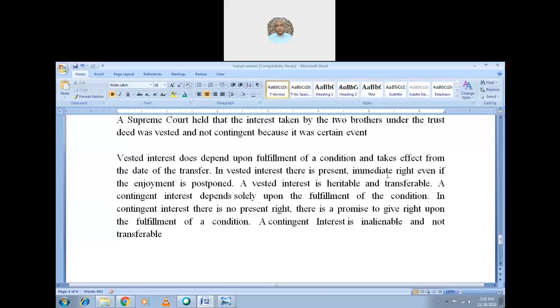It cannot be transferred and is not transferable. Of course, in another way it can sometimes be heritable, depending upon the nature of the transfer.